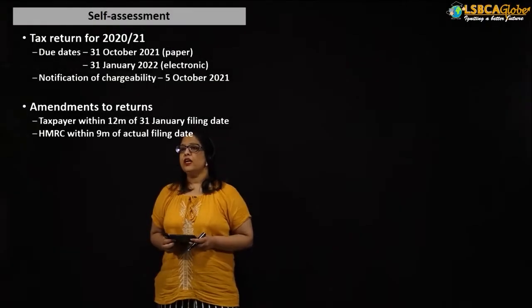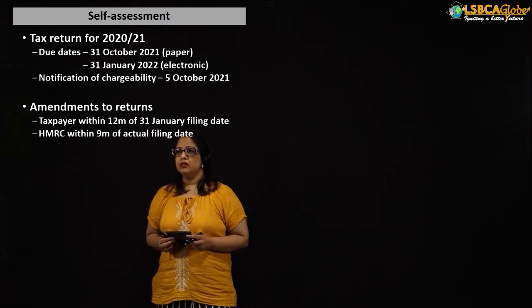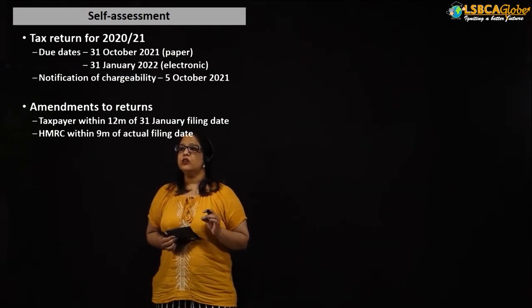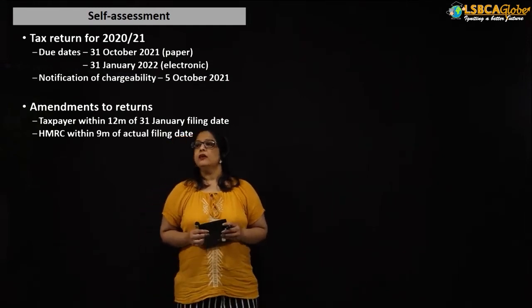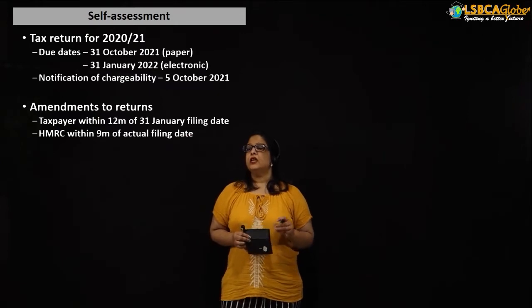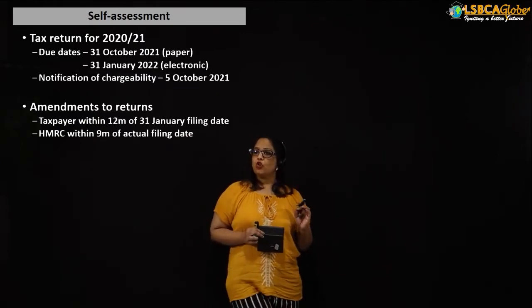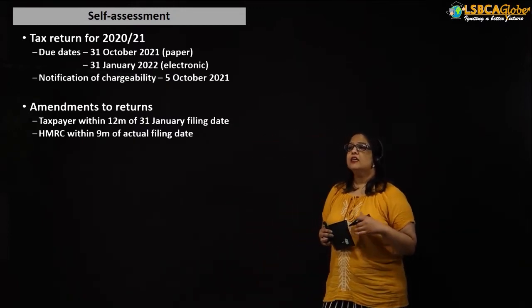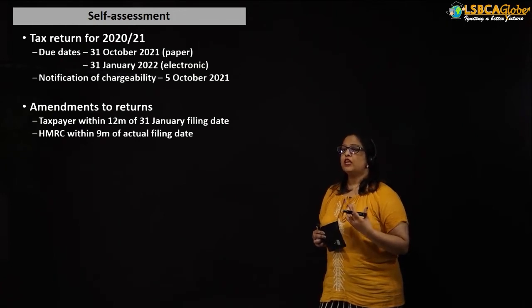Now class, if I talk about the tax return for 2021, the due date of the return is 31st October 21 if it is paper based, and 31st January 22 if it is electronic. And class, what about the notification of chargeability?